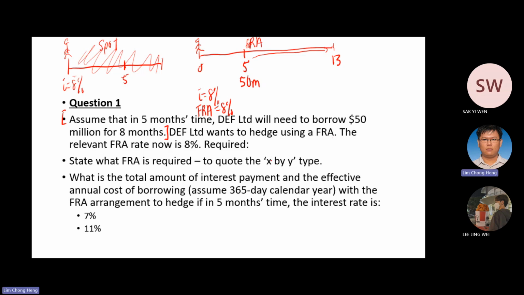In class we call it A times B, or X by Y. So for this contract, the contract quotation is what?